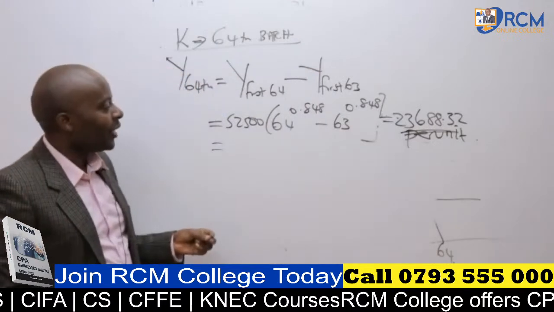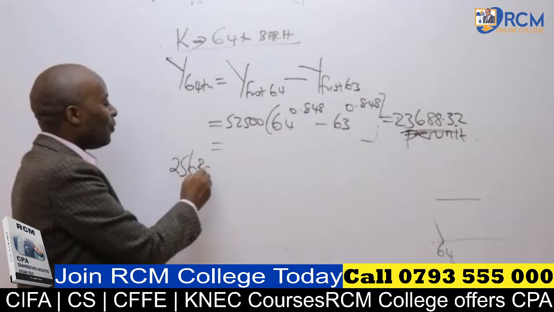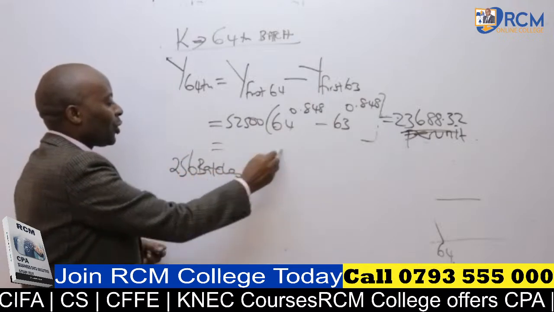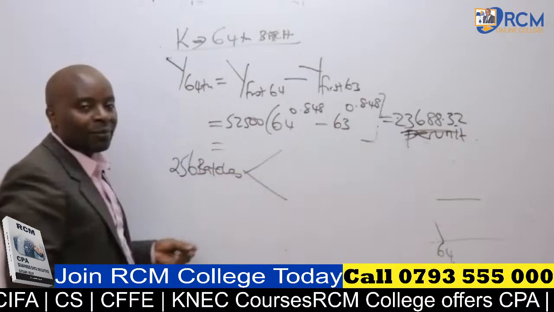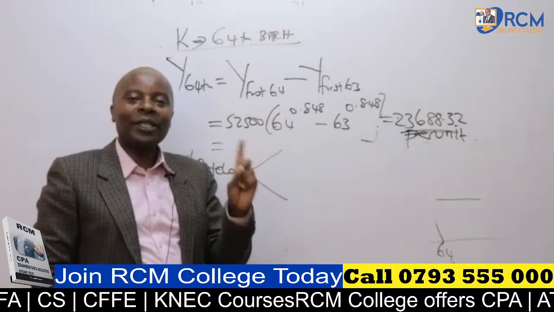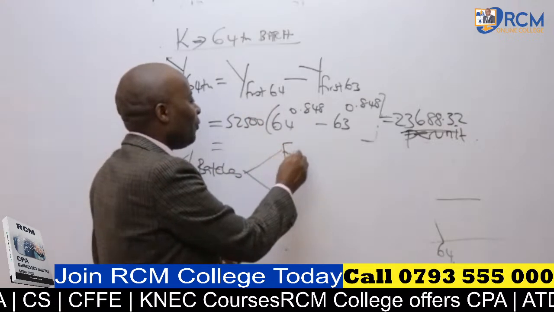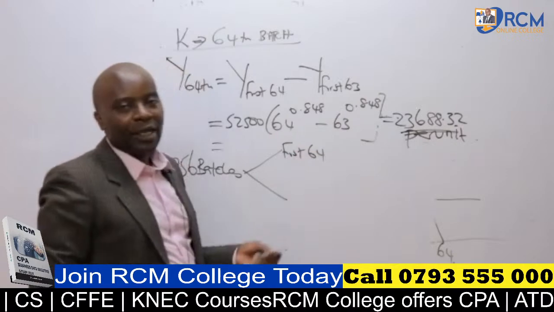So, ladies and gentlemen, remember in total, we have 256 what here? Batches. So these 256 batches will be divided into two. The first group is the group where the learning curve will be used, which is the first 64.